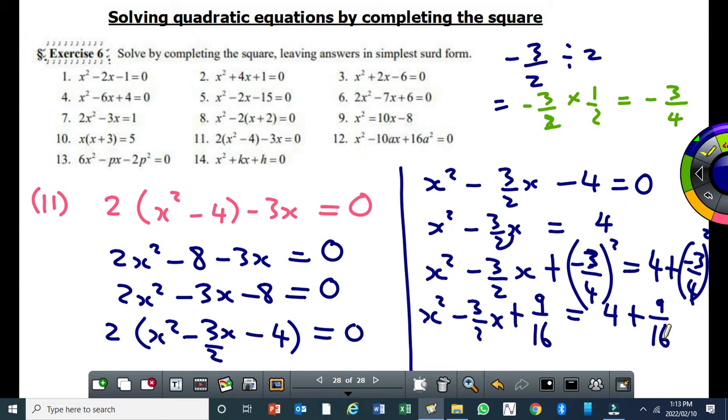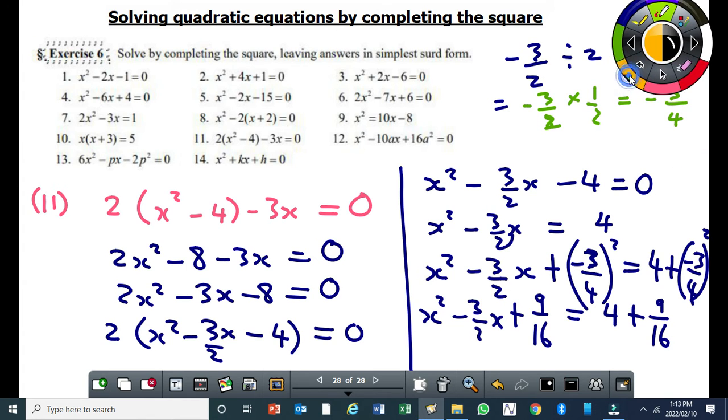Then you need to simplify this. Right? The left hand side is very simple. Remember what I told you in the previous example, that half of the coefficient of x, this minus 3 over 4, is going to be part of your binomial. Okay? So we just have to simplify the right hand side. The left hand side is now a perfect square trinomial.